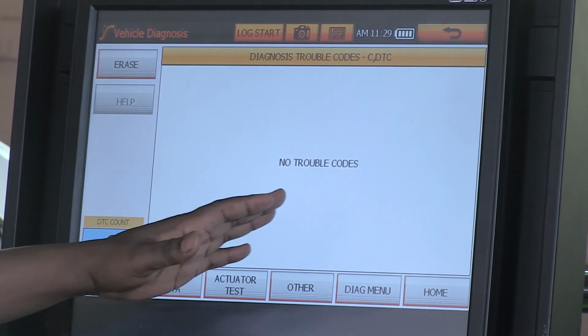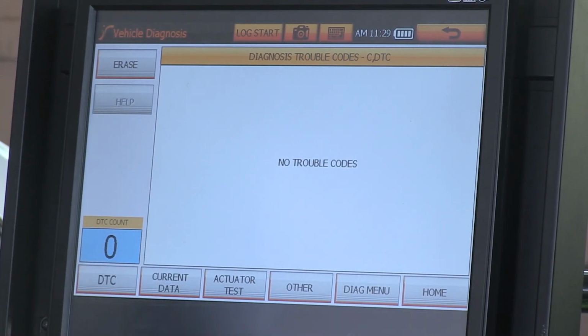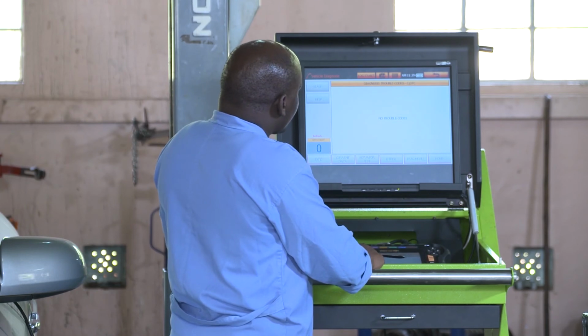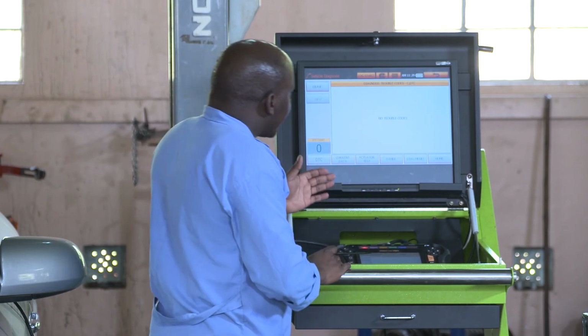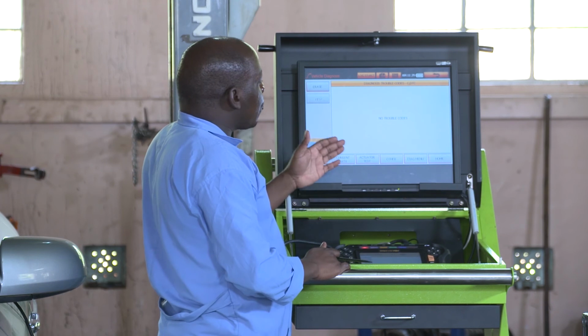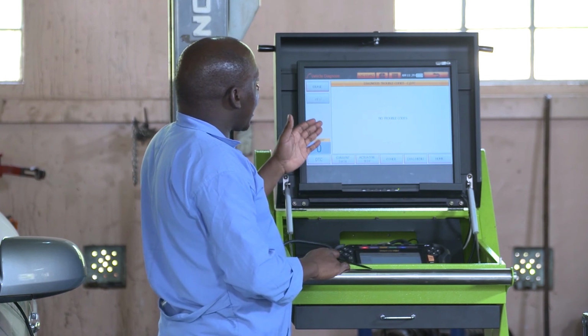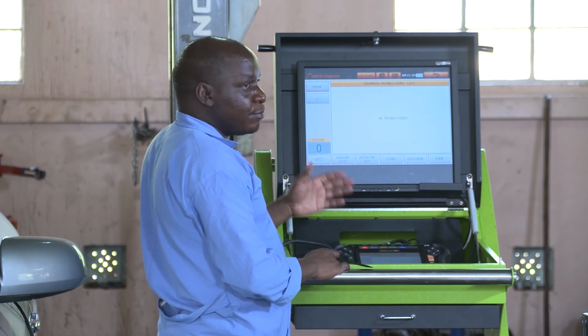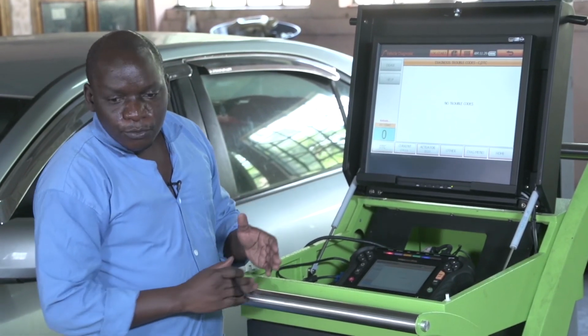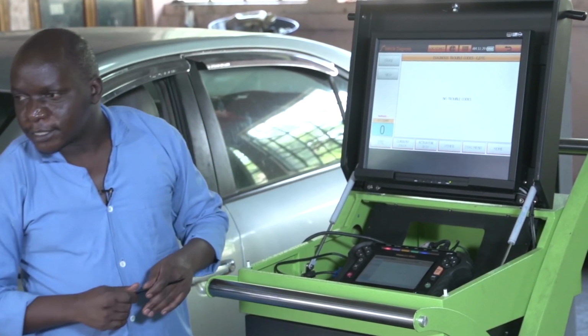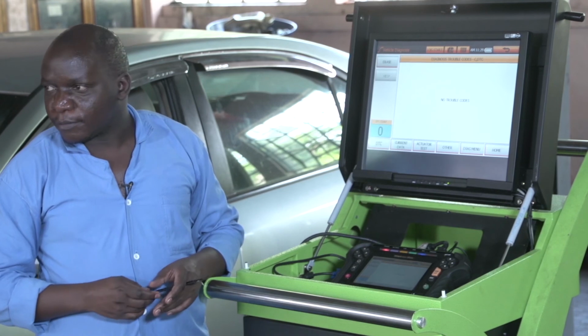So by now, after erasing, there are no trouble codes. It means the problem is solved. If you erase and the trouble codes appear again, it means you have to go and check the sensor or actuator.